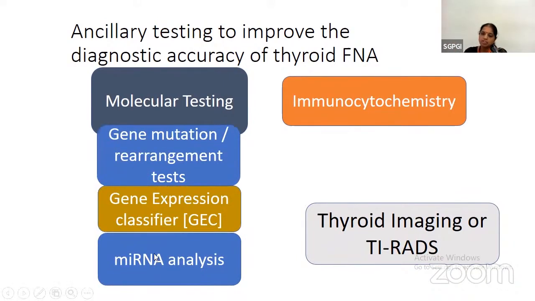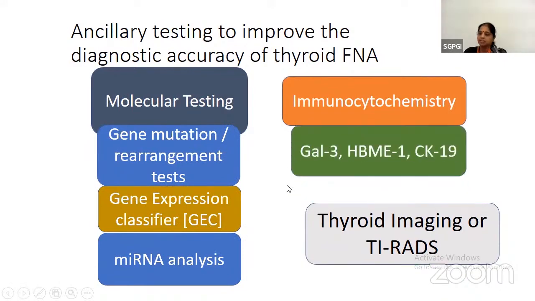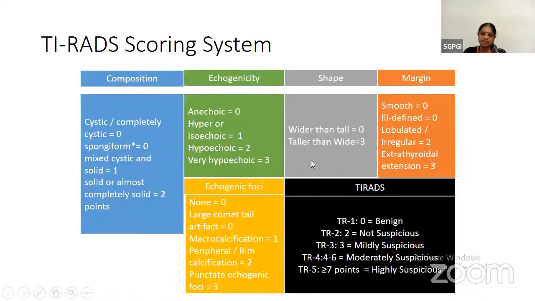And of course, we'll look at molecular testing in greater detail, and I'll show you a bit of a thyroid IHC there. So this is the TI-RADS scoring. They give 0, 1, 2 scoring: cystic, solid; echogenicity, anechoic, hyperechoic, hypoechoic, and very hypoechoic.